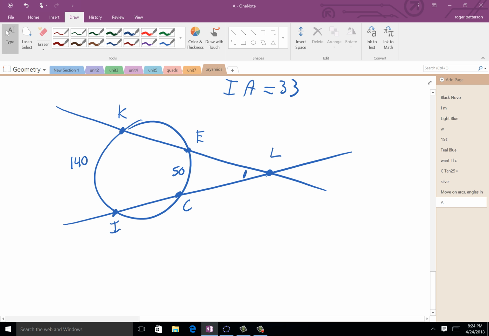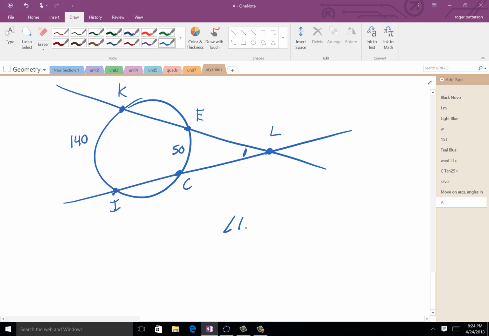So we know that that angle, called angle 1, is equal to 140 minus that arc there. So we're talking about arc to arc divided by 2. 140 minus 50, so that's 90. Divided by 2, 45. Alright? This angle is equal to the difference of those two arcs cut in half.